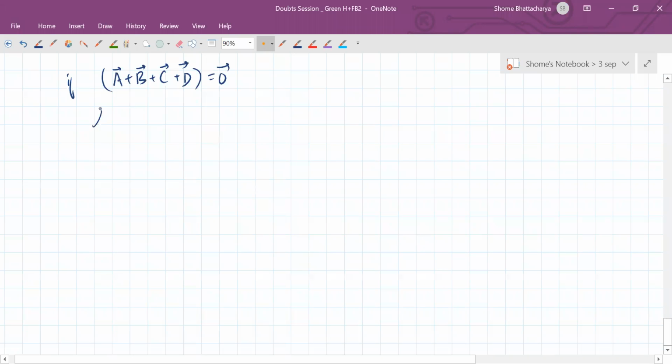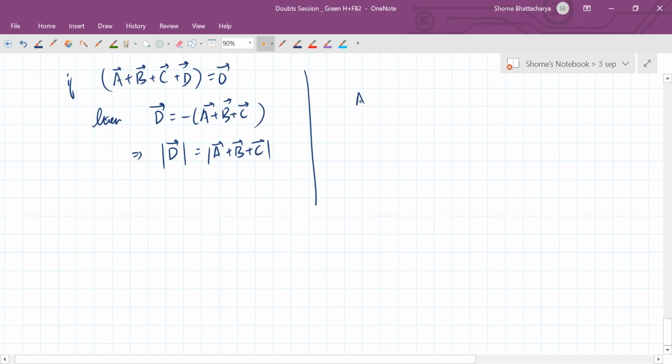okay, then okay, okay. Now you think of the quantity A plus B itself. Okay, this magnitude of A plus B is always less than this.